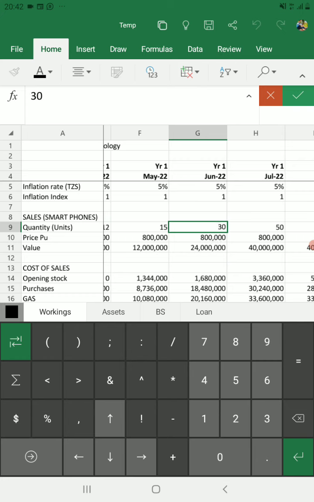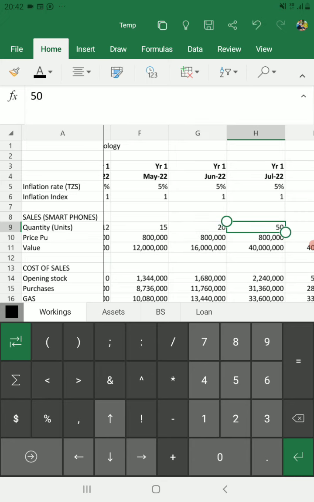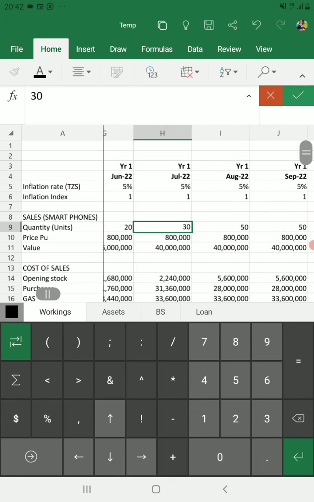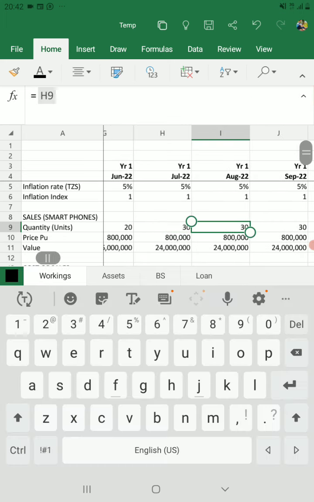Instead of 30, let us do it to be 20. Instead of 50, let us do it be 30. And here, 30 is the steady state.